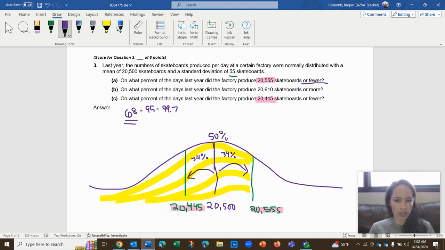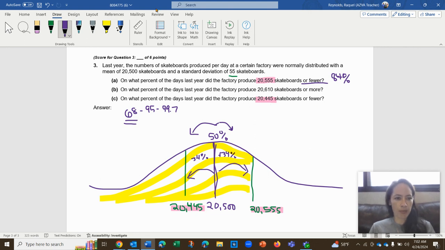That's the other cool thing. We know there's 50% over there and 50% over there. So then right here, since that's 50%, we just need to add that 34% and then say 84% of the days, wow, they produced 20,555 skateboards or lower.